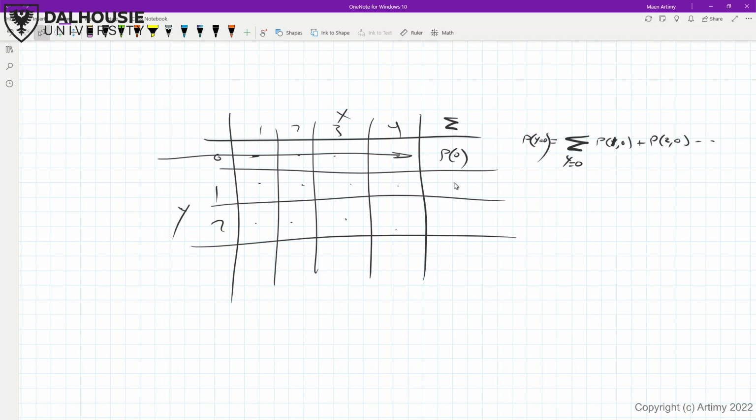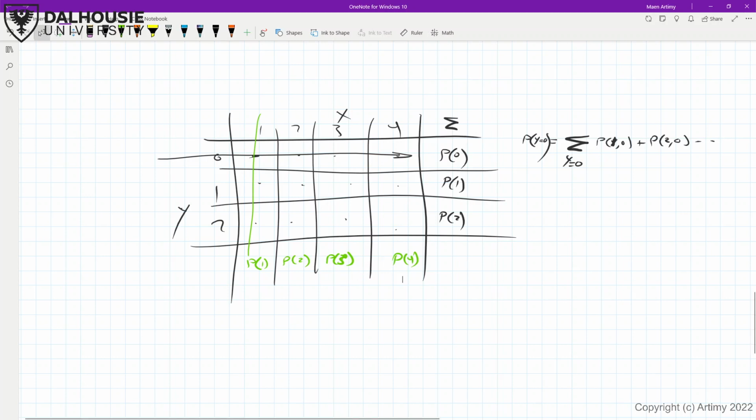This is not joint anymore, right? So this is just the probability of different values of y. And if I do the same thing vertically, I'll end up with the probabilities of x equal 1, probability of x equal 2, probability of x equal 3, and 4, right?